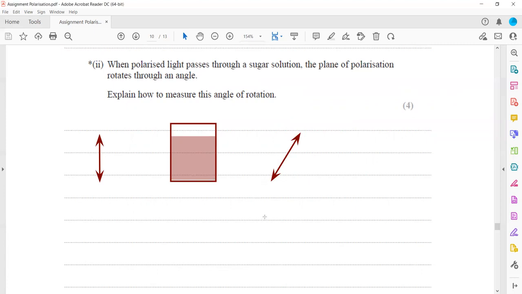It rotates the polarized light either clockwise or anti-clockwise. The higher the concentration, the greater the rotation. So how can we use it to work out the concentration of a sugar solution?